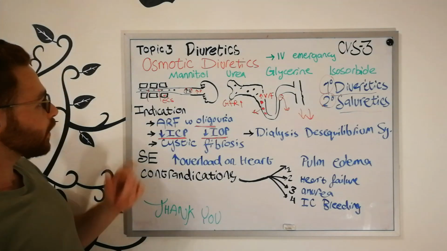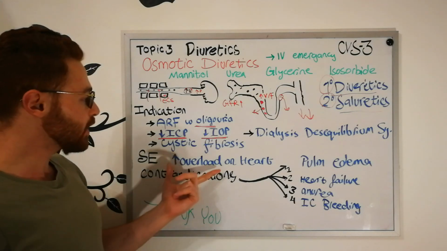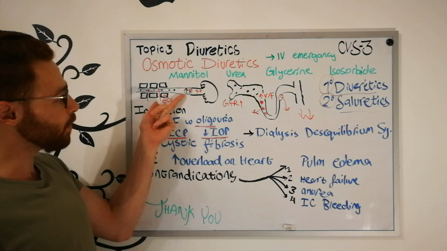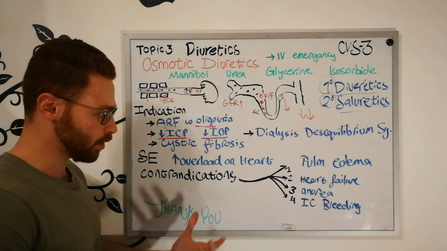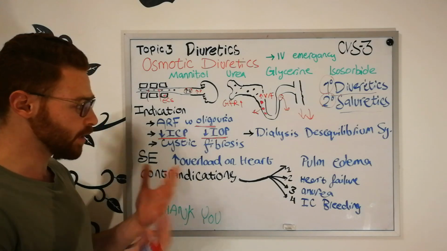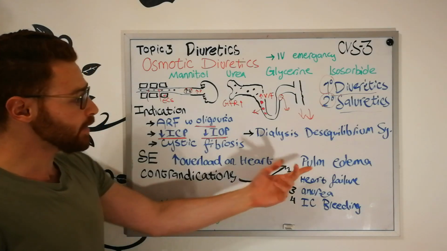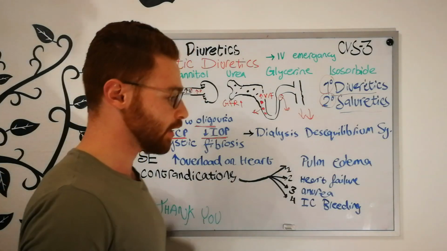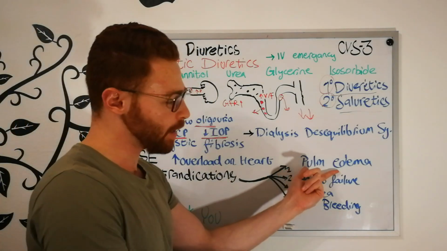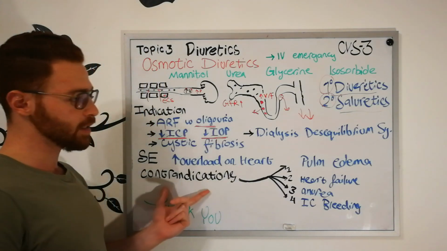Now, the side effect of the osmotic diuretics is an increase in the overload on the heart, because there is going to be so much volume in the circulation, so the heart might not be able to cope with all of this volume, right? And pulmonary edema can develop on one hand, and if the patient already has a pulmonary edema, then it is a contraindication.